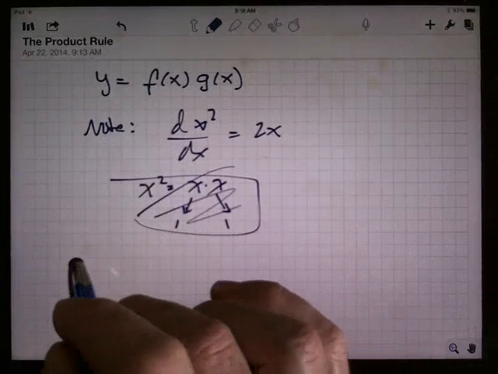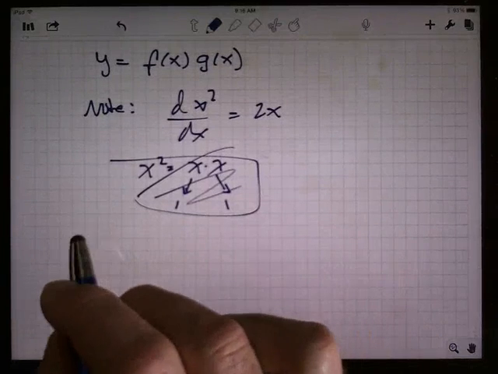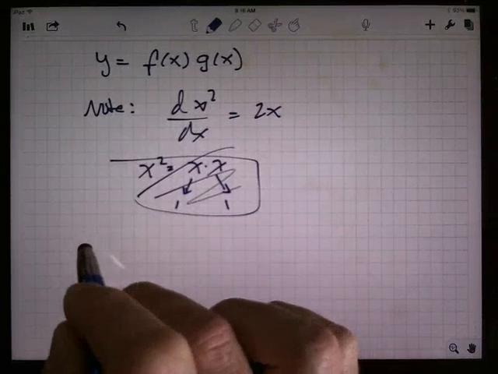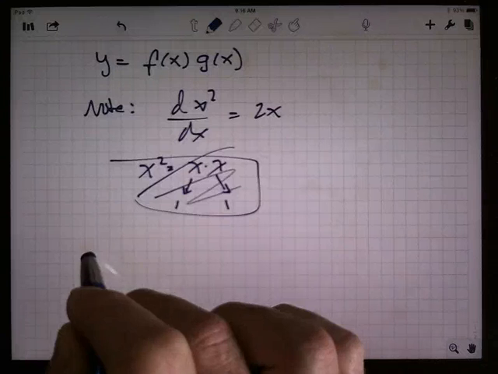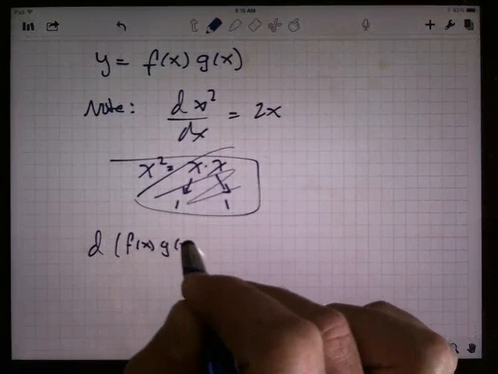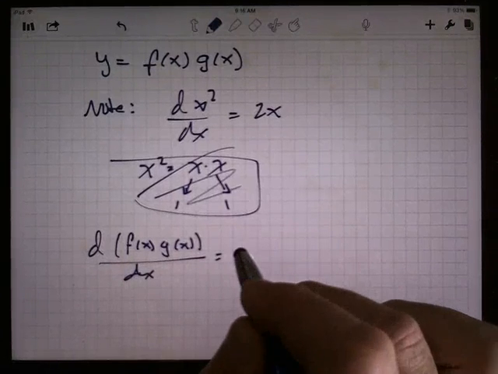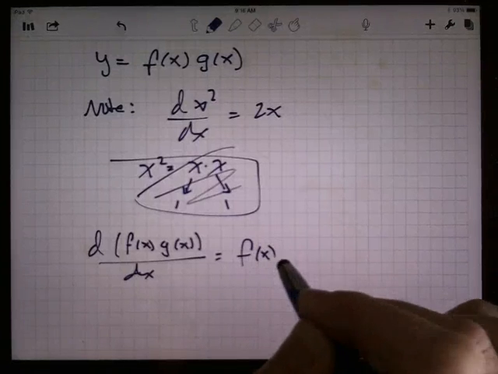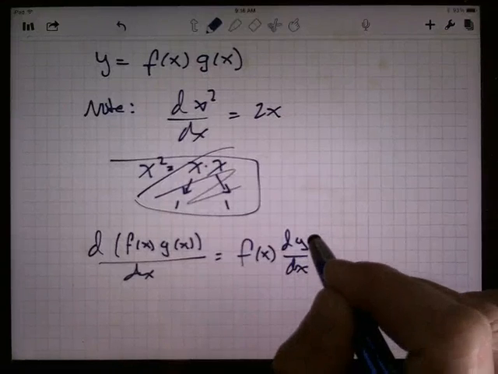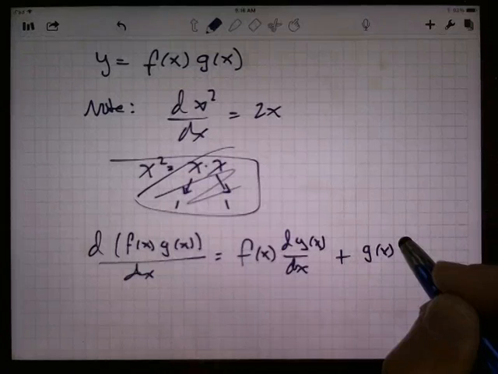And I could derive it. Actually, let's just state it and we'll derive it in another video here. Here's the product rule. So if you've got the derivative of f of x times g of x with respect to x, that's the first function times the derivative of the second function plus the second function times the derivative of the first.